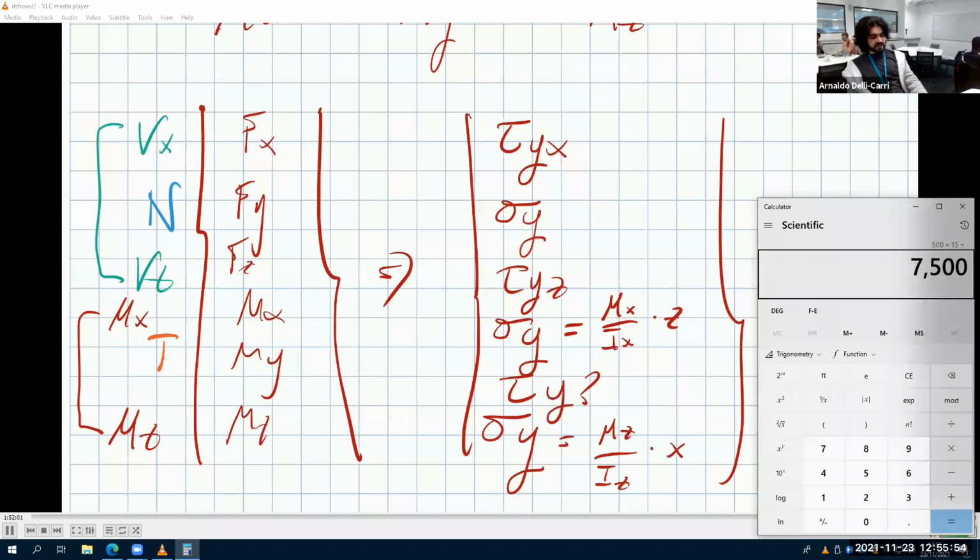How do I know this is z and this is x? Because this is what's missing. y, x, z, y, z, x. We must have all three coordinates involved. This one is very easy. And this one is also quite easy, VQ divided by It. And this one is T over J times r. Okay. That's it.